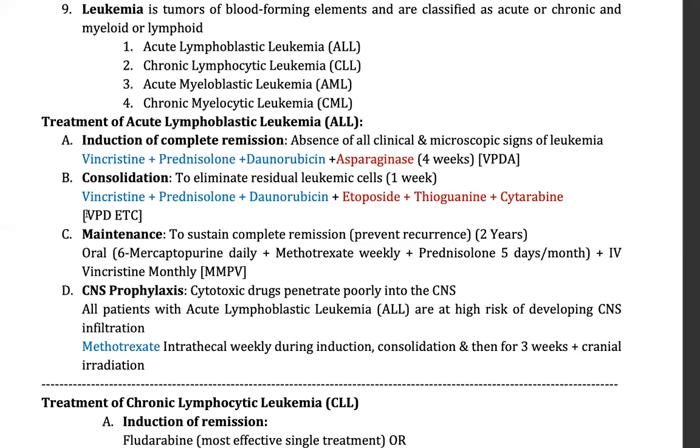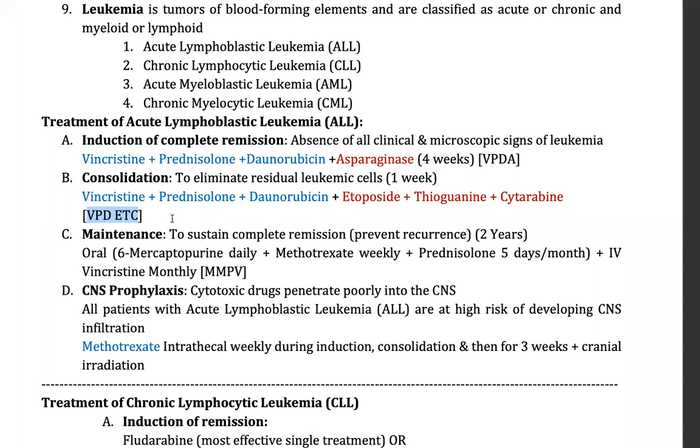See here, V for vincristine, P for prednisolone, D for daunorubicin, and A in the first induction of complete remission represents asparaginase.